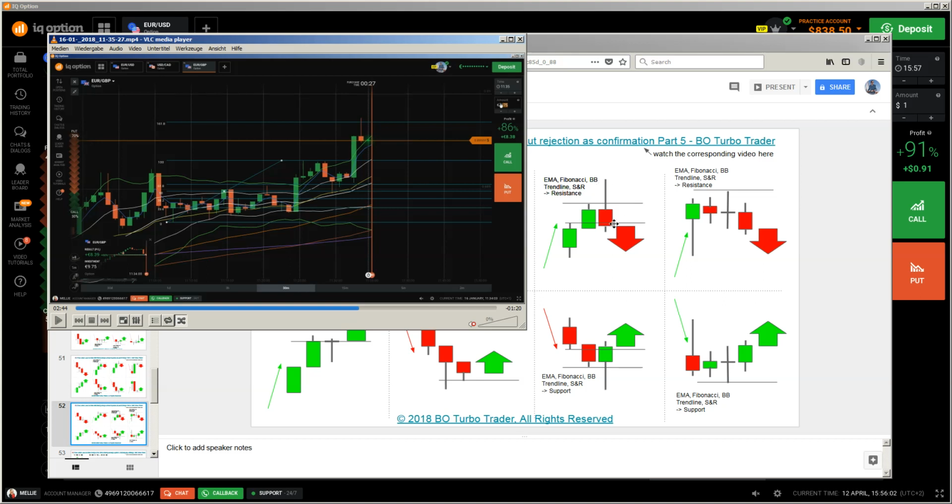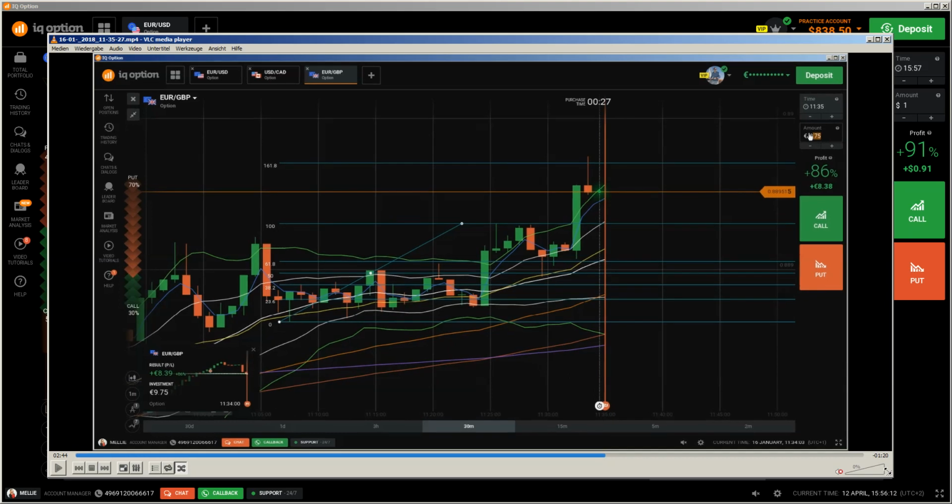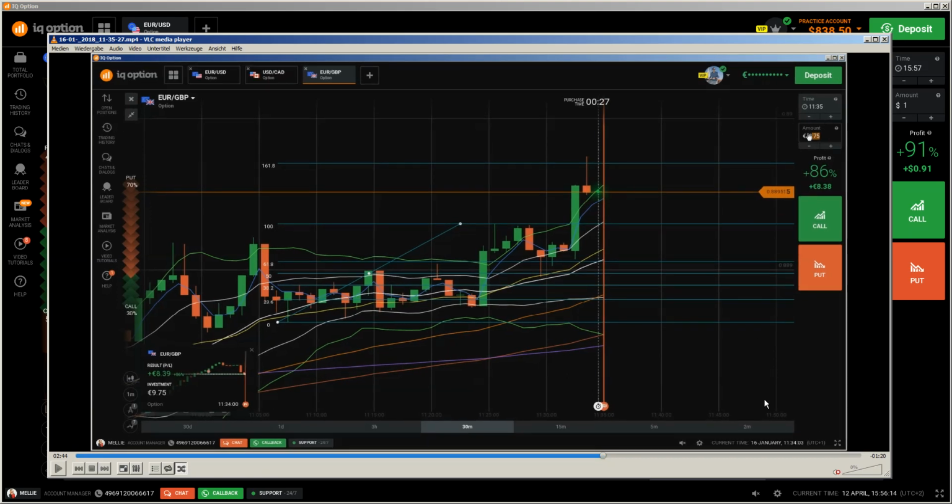Mostly, if you see this kind of candle, you can do a put without any kind of rejection. I can show you the area here, this one, because there is no wick and nothing, it is the one from which it will be rejected, because this is the resistance area now.